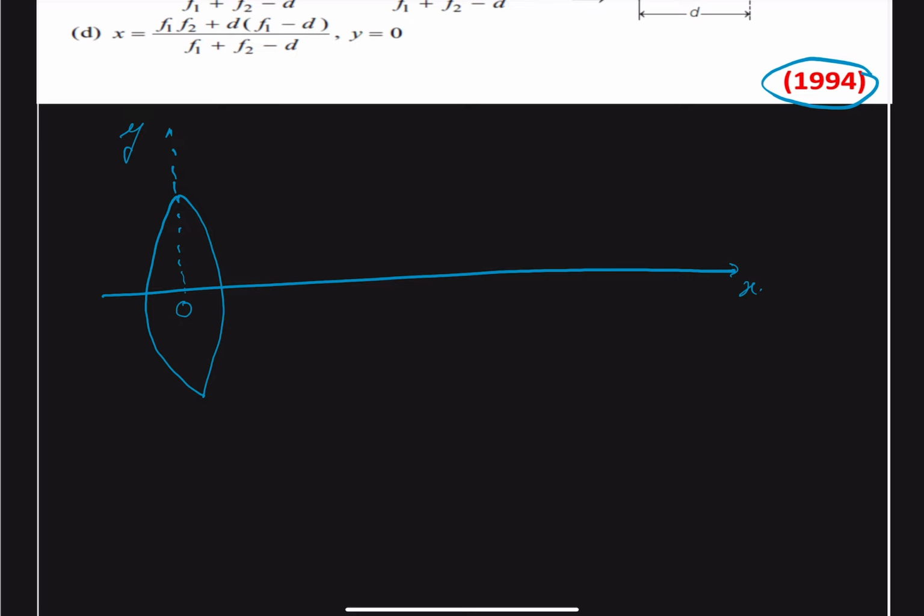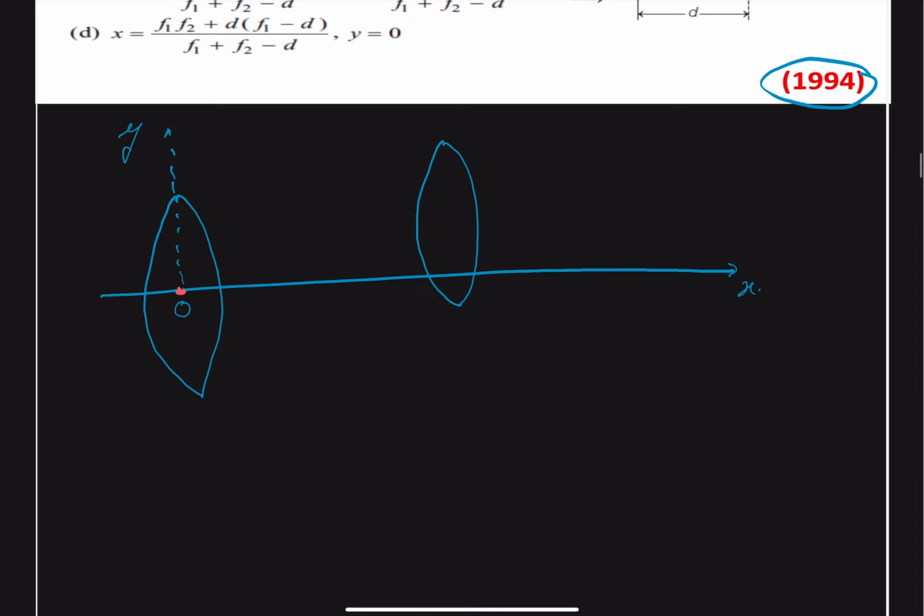So we are going to have a second lens which can be approximately like this, and if the center of the second lens is this one and its axis is here, this distance is given as delta.